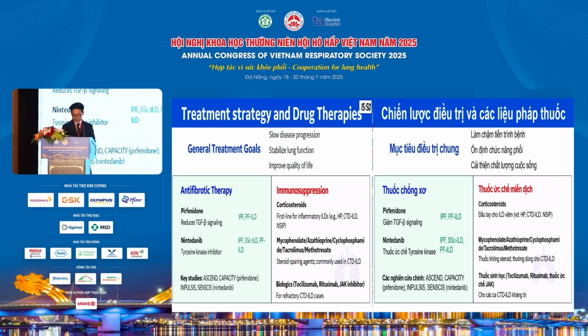Immunosuppressive drugs include corticosteroids, which are often used initially along with sparing agents such as MMF, azathioprine, cyclophosphamide, and methotrexate. For treatment-resistant CTD, drugs such as MMF and calcineurin inhibitors may also be used.